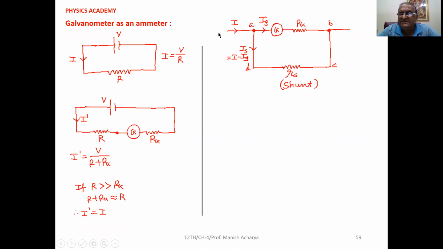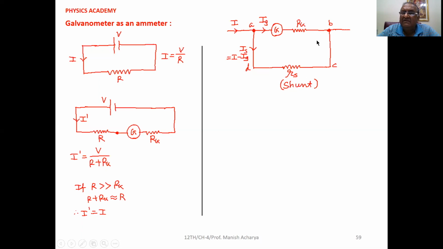Now see, suppose the circuit current is I. When this current reaches this point A, it will be divided into parts. This particular resistance is very small compared to the resistance of the galvanometer, so the majority of the current will pass through it.